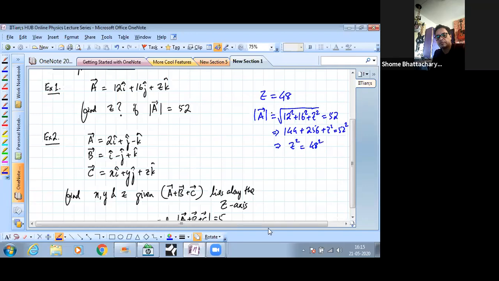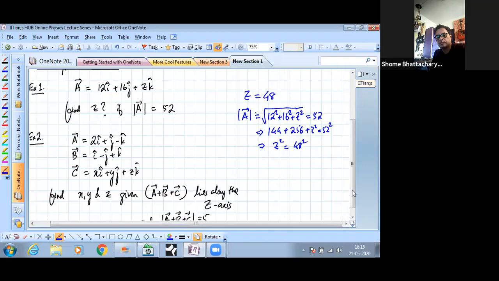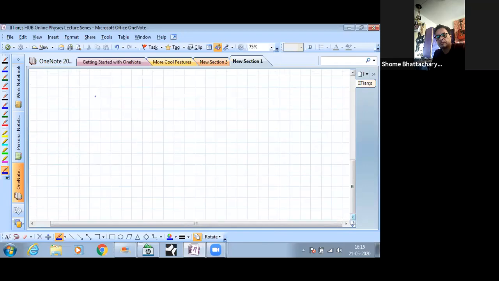So you can simplify this by just writing it like this. You can make the calculation a little bit simpler. We've got 12 squared plus 16 squared plus z squared is equal to 52 squared.